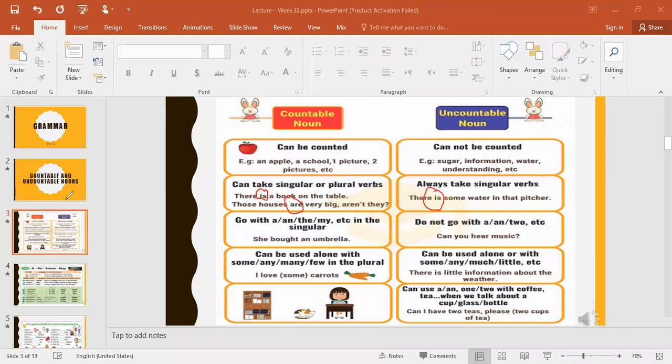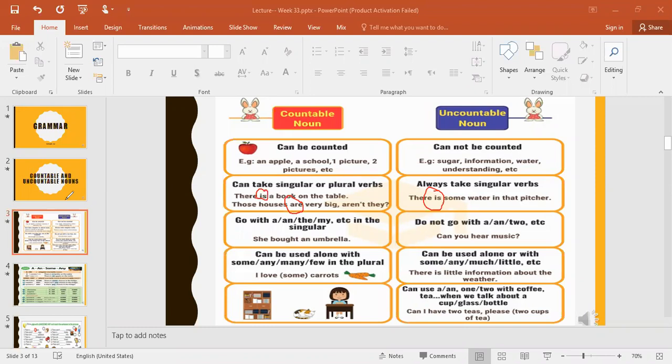Now, in the uncountable, we can use a or an, one or two, the numbers, 1 cup of coffee, for example, with coffee and tea. When we talk about a cup or a glass or a bottle, can I have 2 teas or 2 cups of tea? Can I have 2 glasses of water?